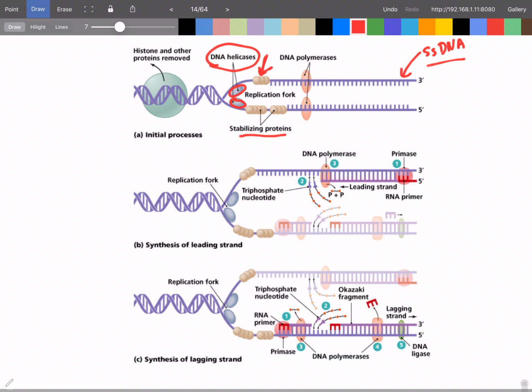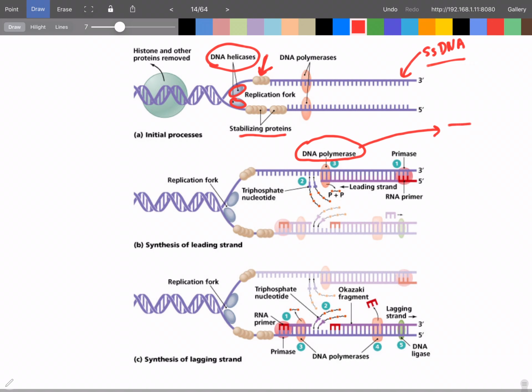Well, there's an enzyme that functions in replicating DNA. It's the primary enzyme called DNA polymerase. Okay, I'm going to circle it here. Now, DNA polymerase is kind of picky, right? It only sees DNA that looks like this, okay? So let me show you.